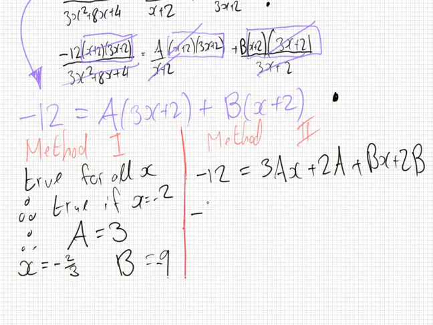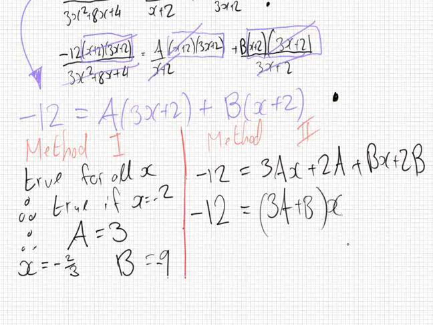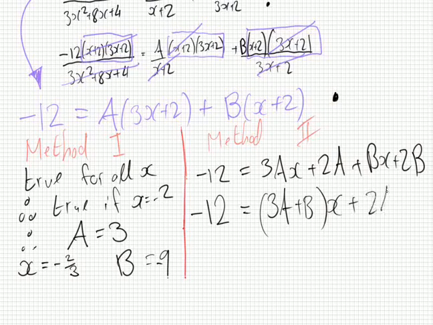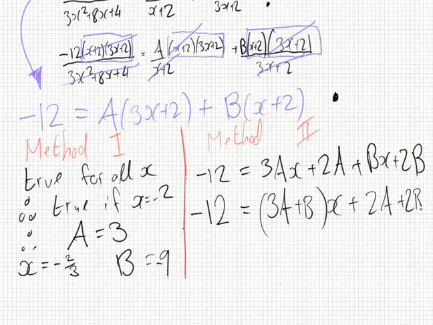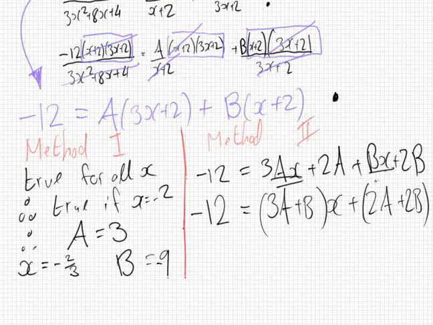So I get minus 12 equals 3a plus b x plus 2a plus 2b. I just add this piece here together with this piece put in the front there.